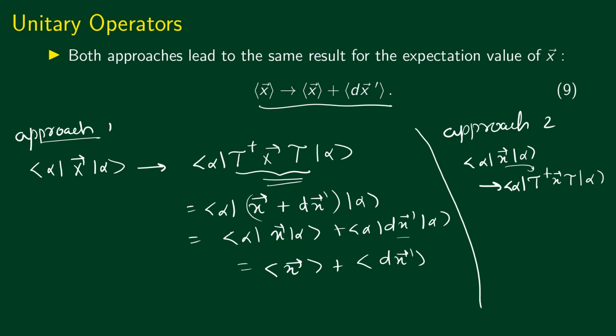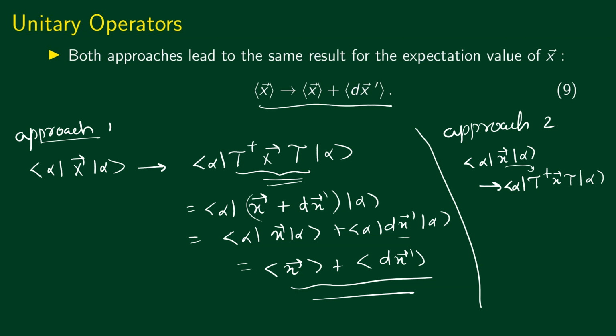So it will again give us the expectation value of x vector plus the expectation value of dx vector prime. Both these approaches give us the same result when we are talking about something that we can measure. For this reason, both approaches can be used interchangeably.